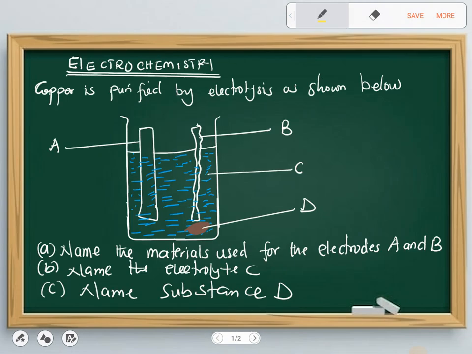they are saying name the material used for the electrodes A and B. You need to know that these materials are made from copper itself, because if you're trying to purify copper, why should we use other electrodes? A is made from pure copper, and B is made from impure copper.